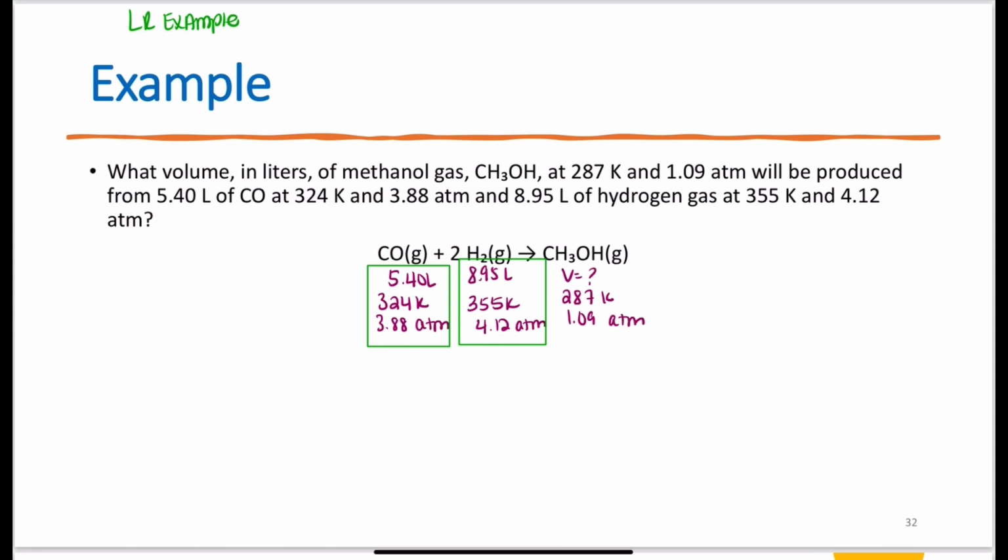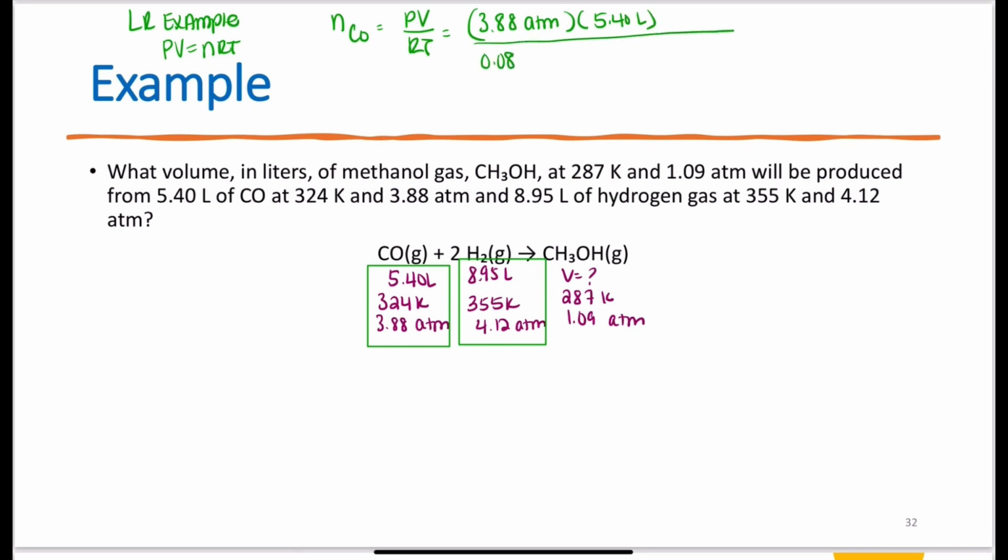So, let's go ahead and figure out what we have. First, we're going to find the number of moles of CO. Use the ideal gas law, PV equals nRT, so the number of moles is PV over RT. The pressure of CO is 3.88 atmospheres. The volume of the carbon monoxide is 5.40 liters.